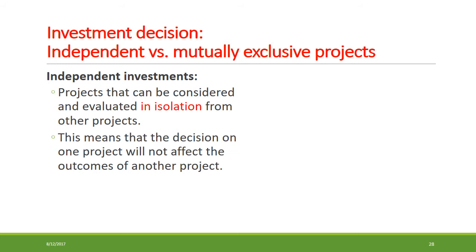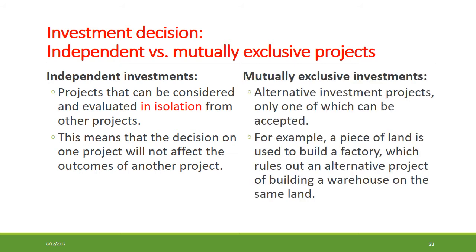The decision to invest or not in one project would not affect the outcome of the other project. Mutually exclusive investments is when we invest in one project, we can't invest in the other project. So the decision to invest or not in one project would affect the decision to invest or not in the other one.